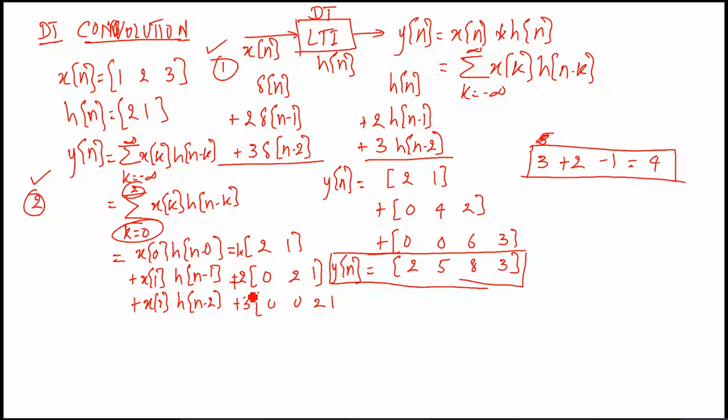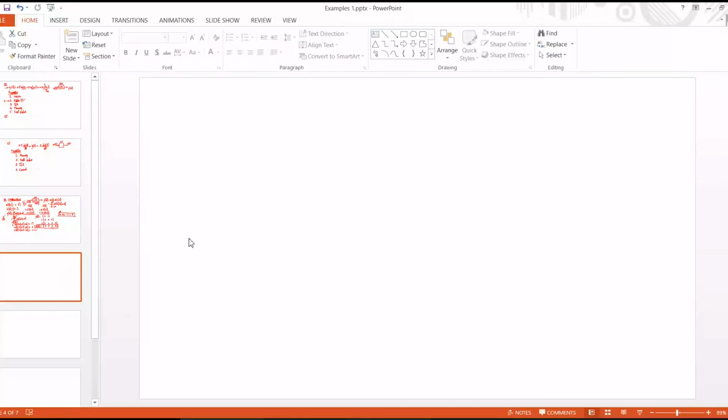Now comes the third method of doing the same thing, which will be kind of new to you guys. So let's see how we can do the same thing. Okay, so let me just write those things again.